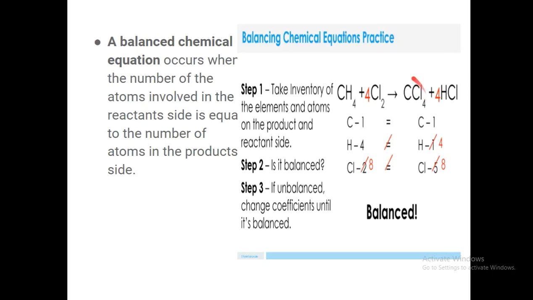So 4H with Cl gives 4HCl. Hence this particular chemical equation is now balanced, right? This is how we call it a balanced chemical equation.